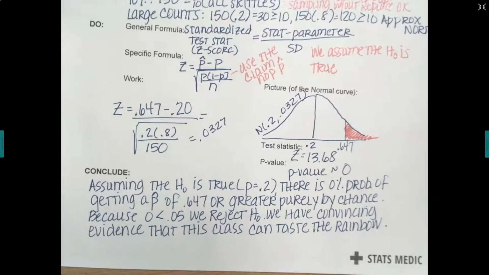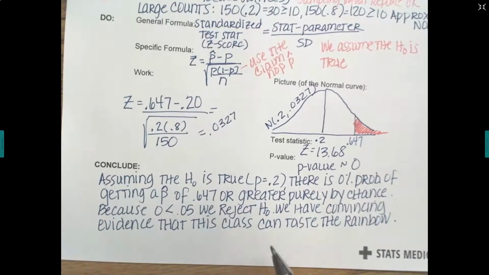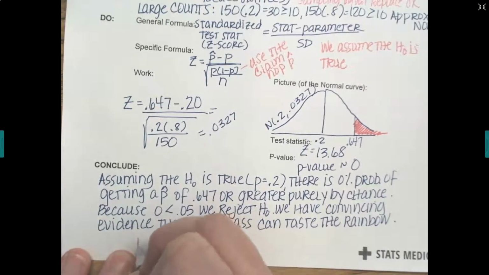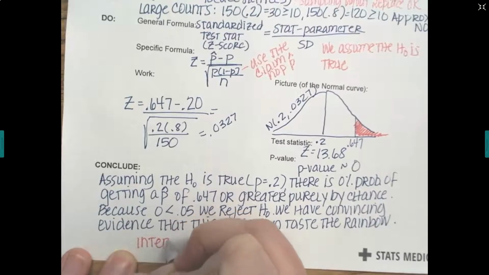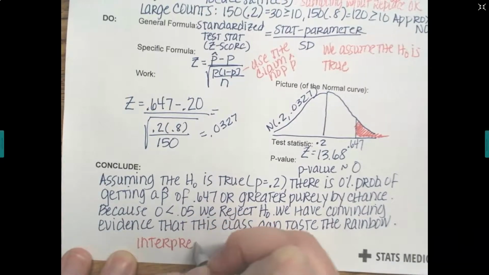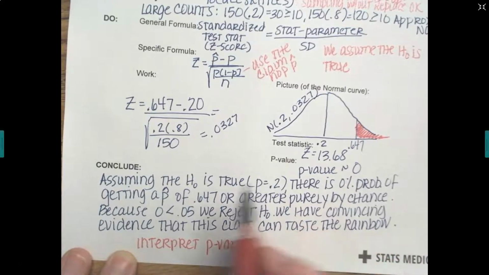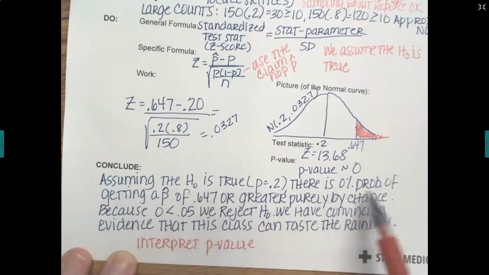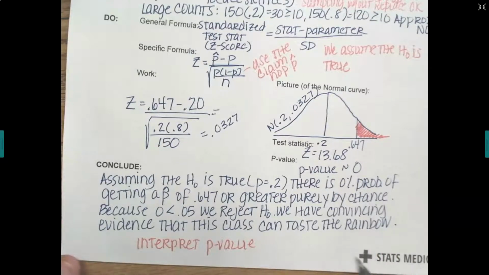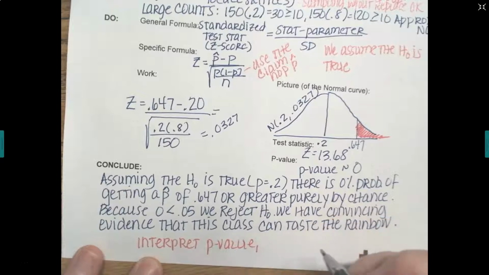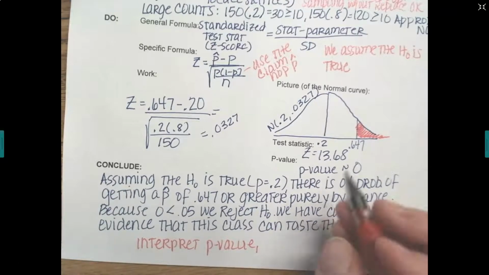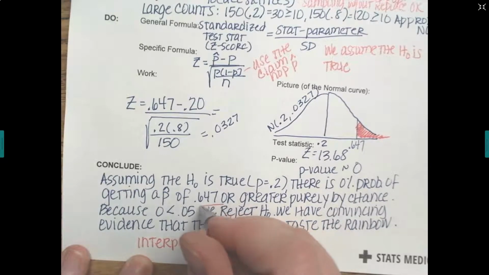Okay, so here this is our conclusion, and in our conclusion you're going to be sure to include, interpret the p-value. That's that first part. Assuming the null is true, how likely is our result? And then we have to make some sort of decision. The decision occurs right here.